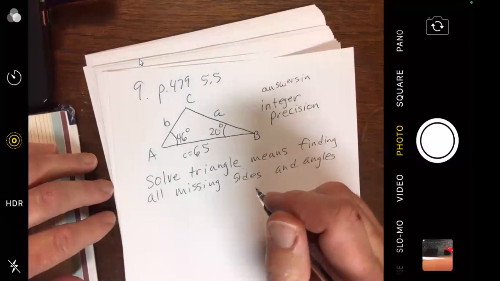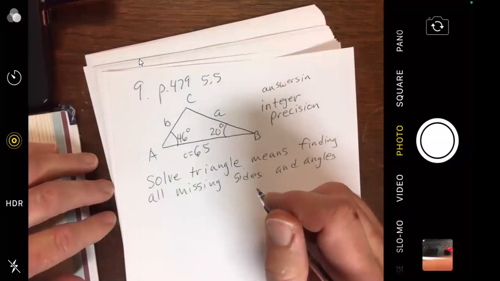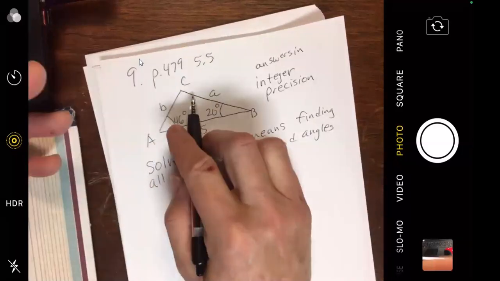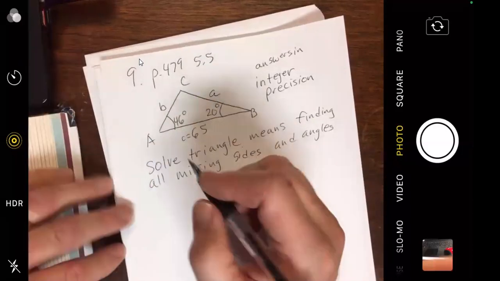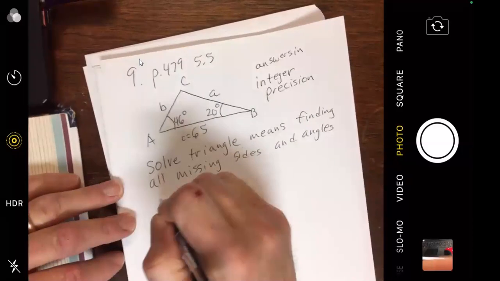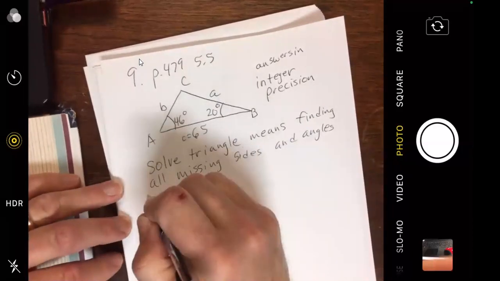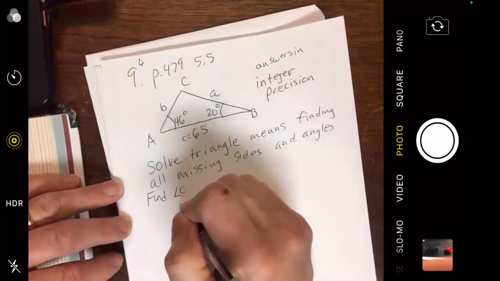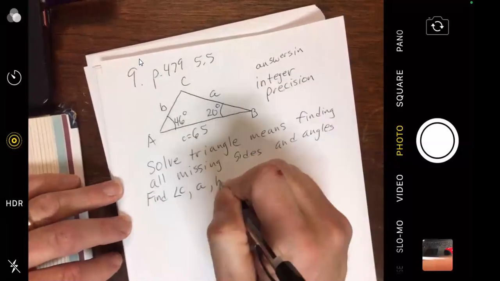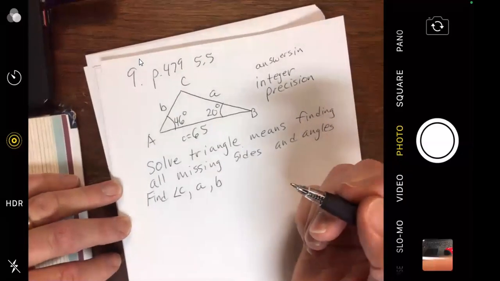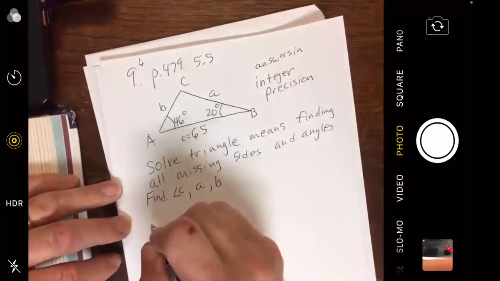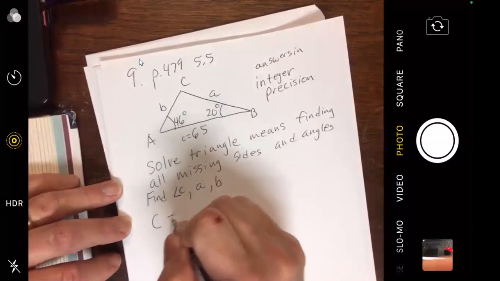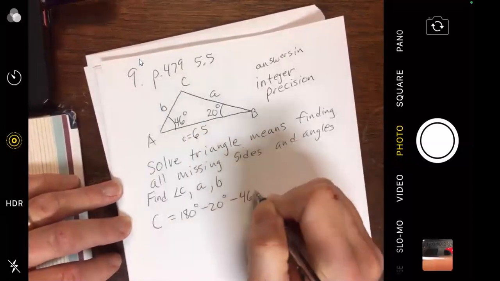Okay, we can get angles. If I'm missing an angle and I've got two other angles, I always go for the missing angle first, because that's the easiest. In other words, we want to find angle C, little a, and little b. Well, angle C is pretty easy to find. You're taking 180 degrees, subtract 20 degrees, subtract 46 degrees.